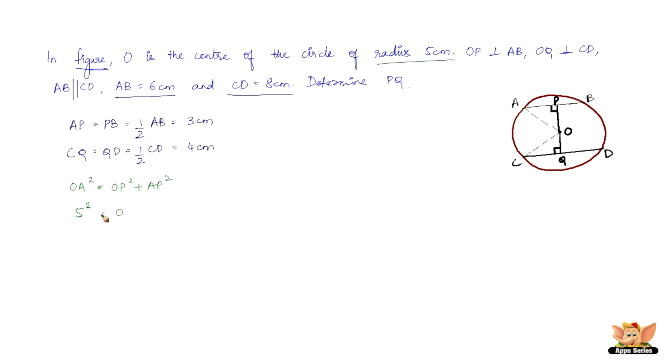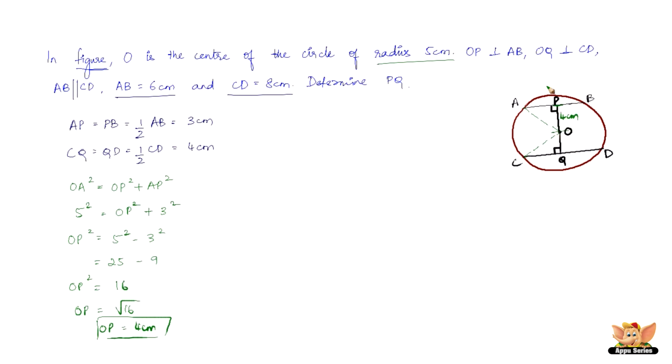OP square is what we need, and AP square is 3 square. So OP square equals 5 square minus 3 square, which is 25 minus 9. OP square is equal to 16, or OP equals square root of 16, which is 4 centimeters. So we have OP as 4 centimeters, from here till here.